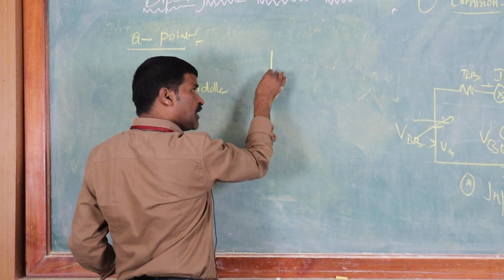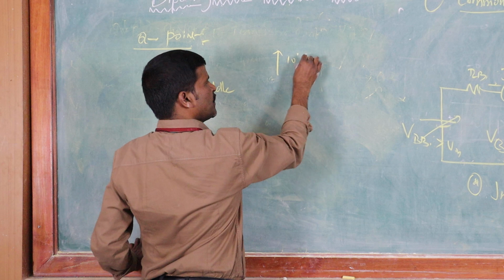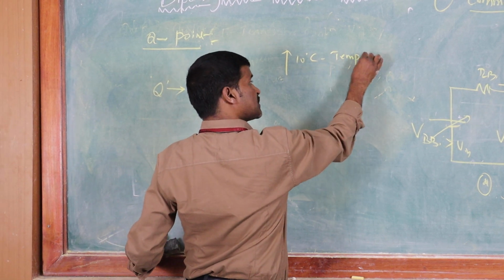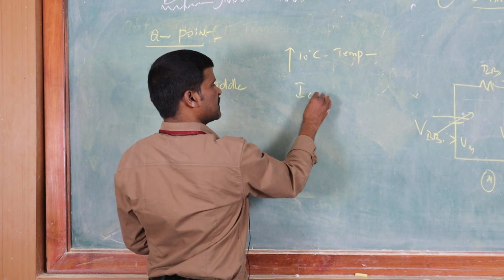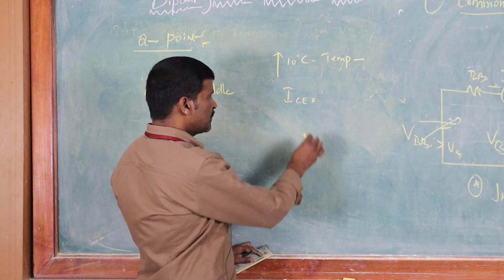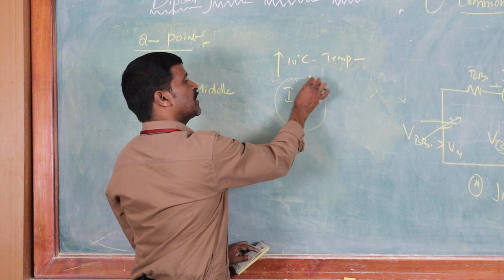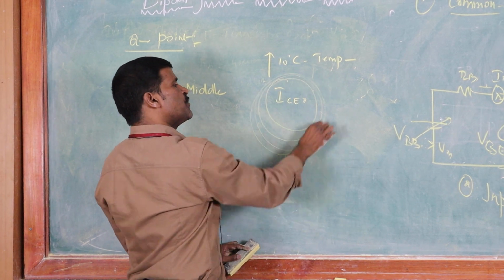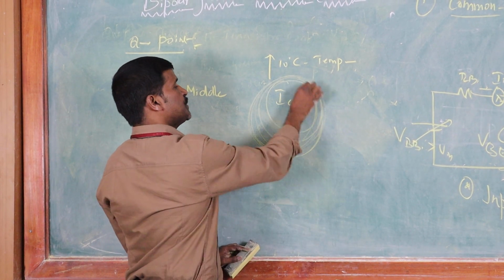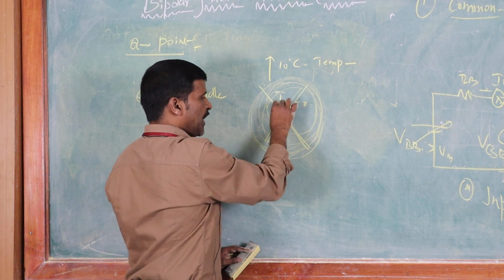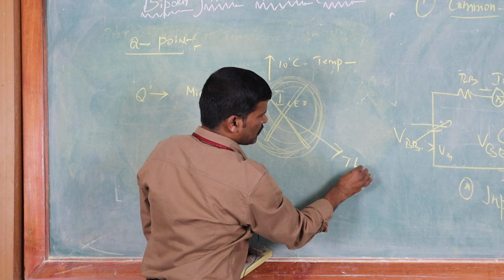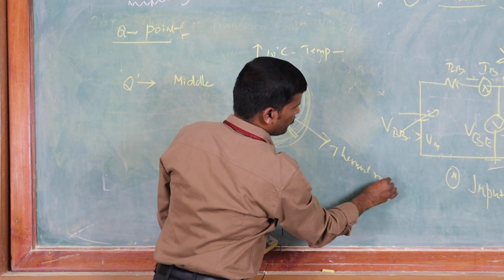For every rise of 10 degrees in temperature, the reverse leakage current IC0 in the transistor, if it is a CE amplifier, becomes double. The doubling becomes cumulative. This cumulative process leads to destruction of the transistor, and hence this process is called thermal runaway.